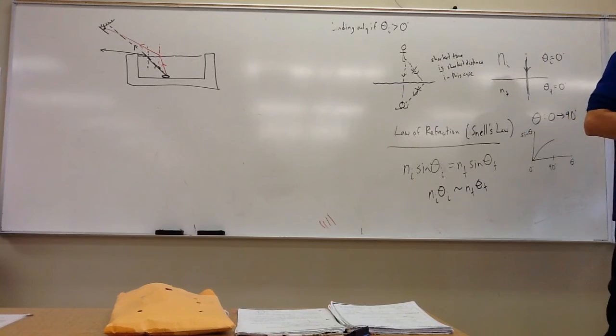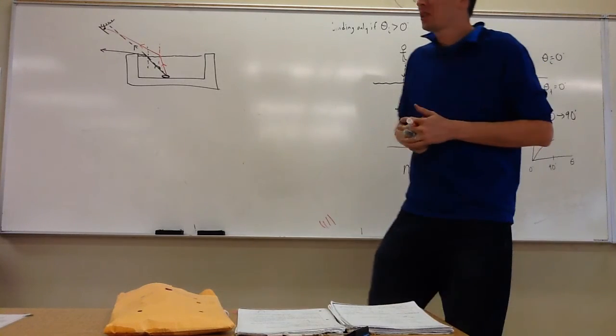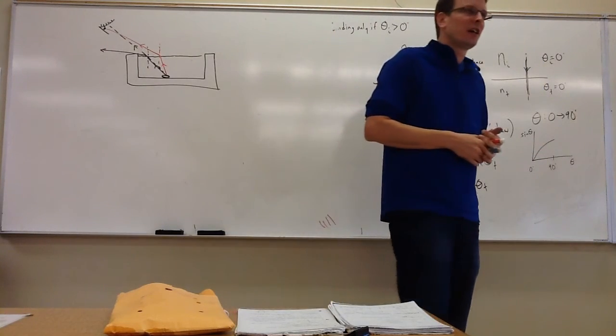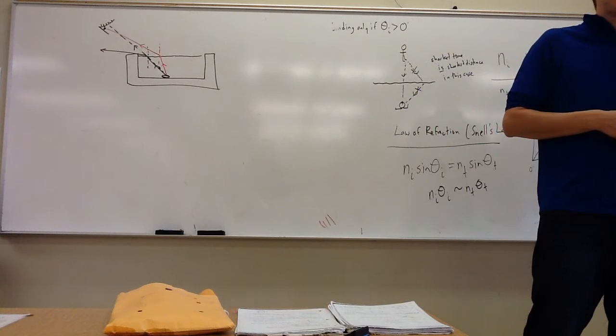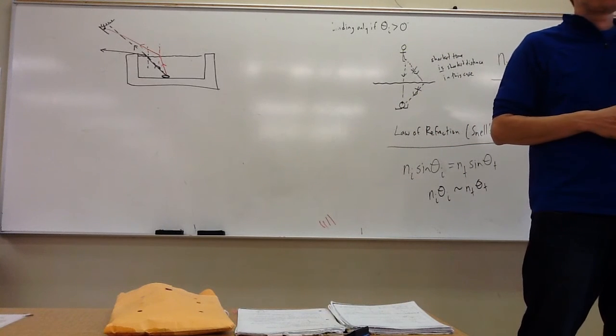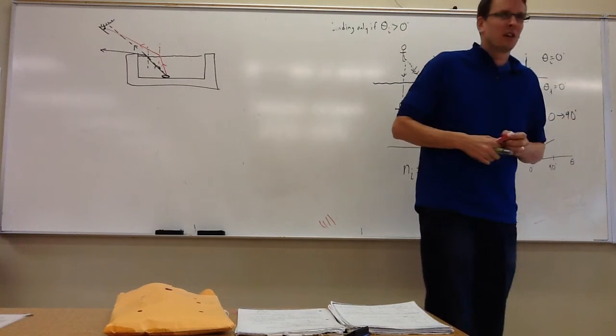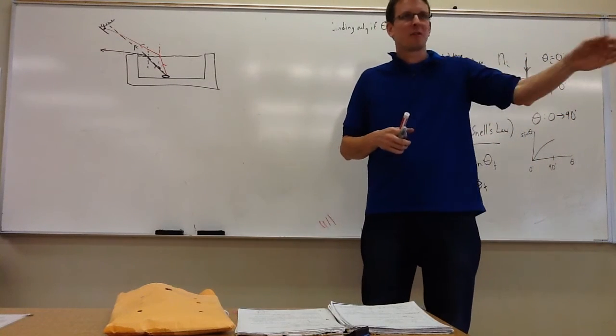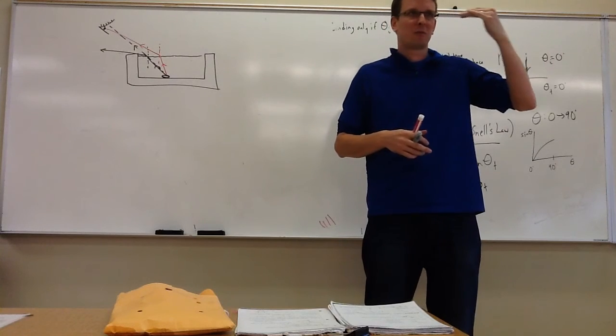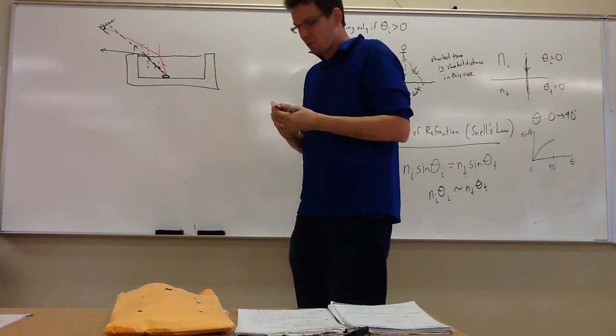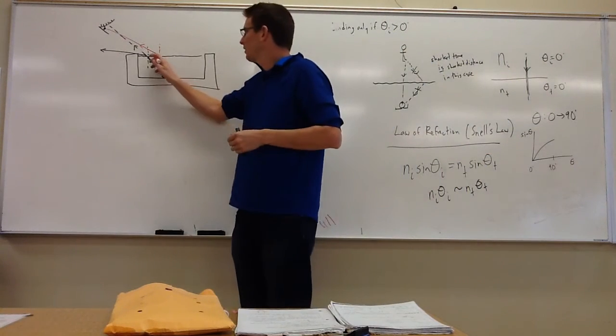Now here's something you have to understand about human perception. As much as we might know the science and know better, everything that goes into your eye, your brain thinks came directly from the source. Okay? So you don't know any better. Everything that you see, you perceive that it is coming directly in a straight line from wherever that was. So your brain does not think that the coin is over here.